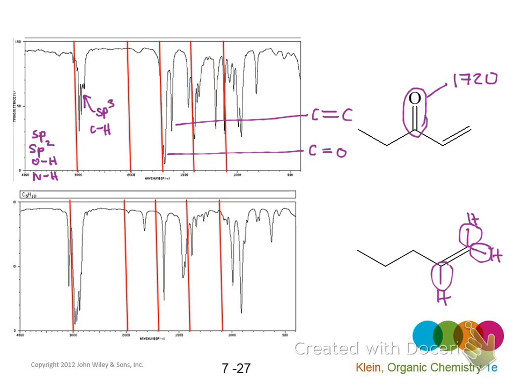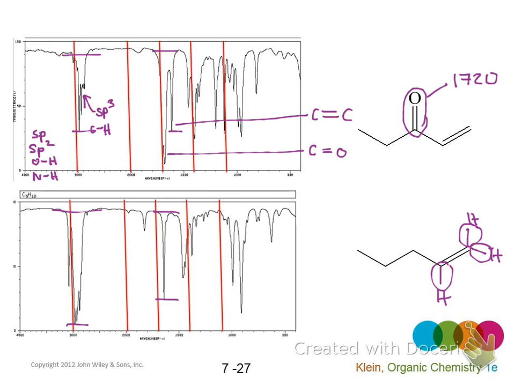I'm doing relative amplitude based on the sp3 carbons, based on the highest point. So based on the amplitude that I'm seeing here and here, amplitude is always from the top. And then if you do this one, the one below, it's this amplitude versus this amplitude.